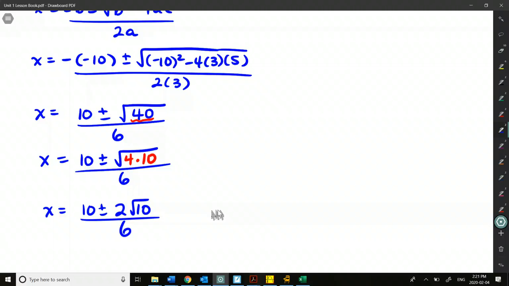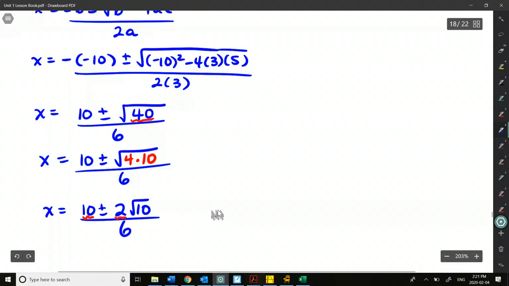Once you have fully simplified your root, you're not going to touch the root anymore. So my final answer, if I do this correctly, should still have a root 10 in it. Make sure that there are no more perfect squares left inside your root. If you found the biggest perfect square inside your radicand, then when you simplify, your new radicand shouldn't have any more perfect squares that are factors inside.